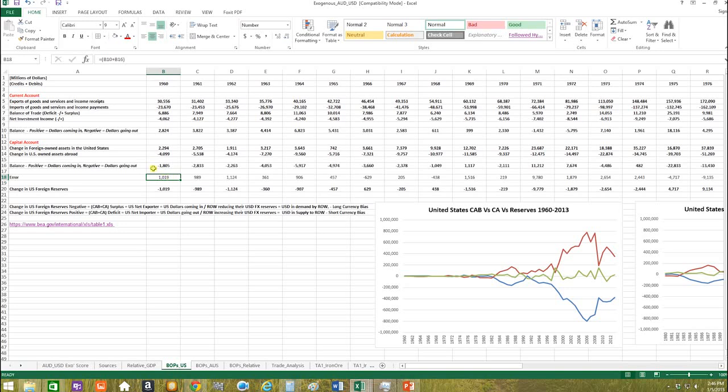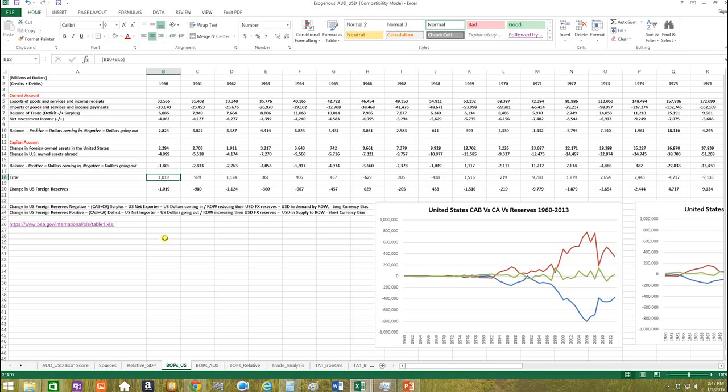Now, this is the error between the current account balance and the capital account, and the error is positive, so the US is a net exporter, the dollars are coming in by this amount, and the rest of the world is reducing US dollars by this amount.